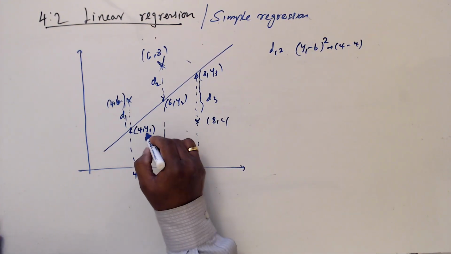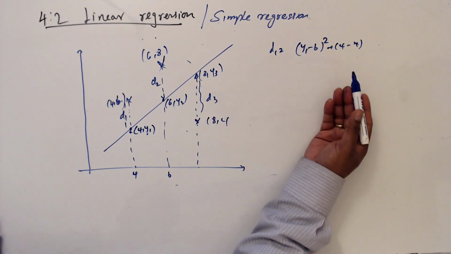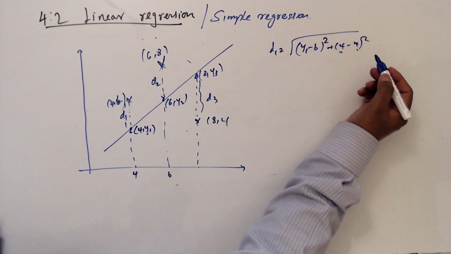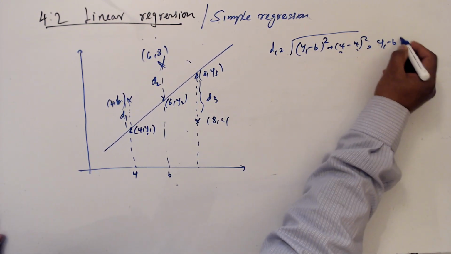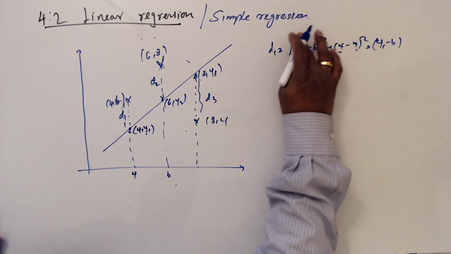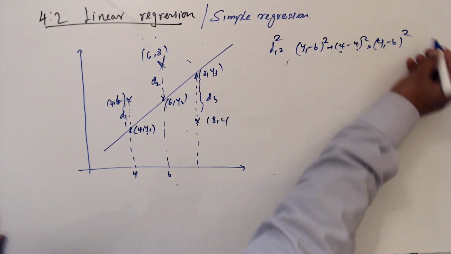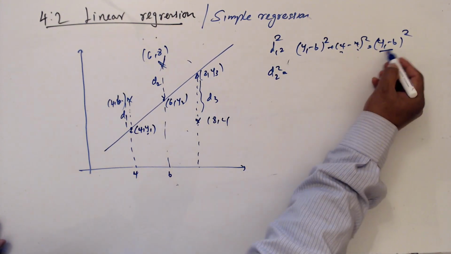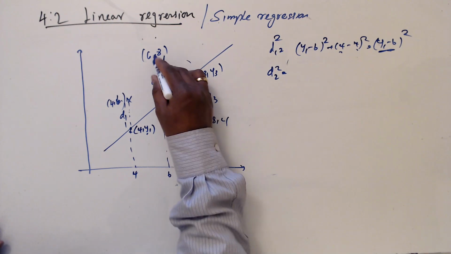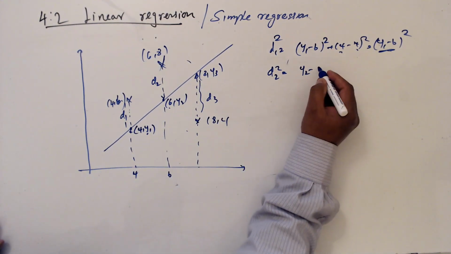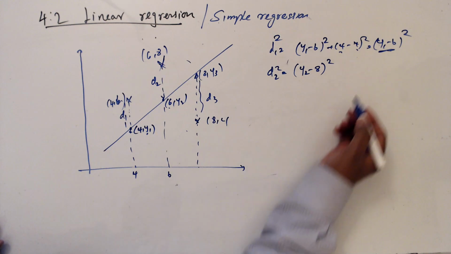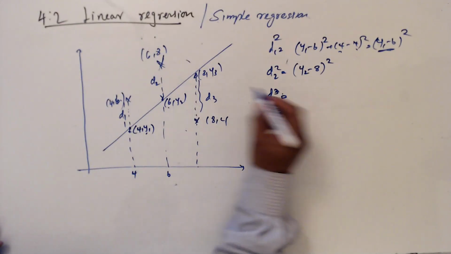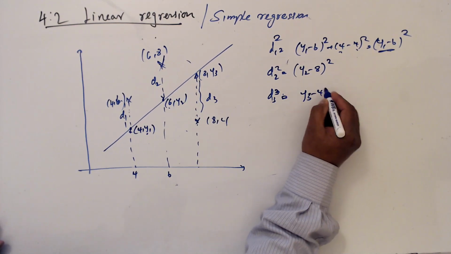You can write 6 minus y also, but I write y minus 6, still the same, because we are going to get the square root. 4 minus 4 is 0, so this is y1 minus 6. I will stay with the squares. Likewise, for d2 squared, the x terms cancel out, giving (y2 minus 8) squared. And d3 squared is (y3 minus 4) squared.